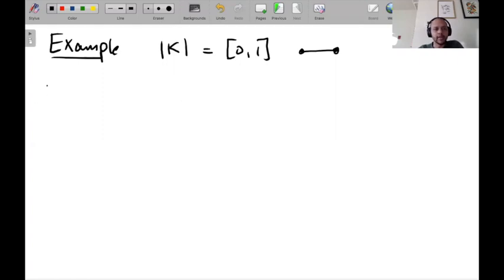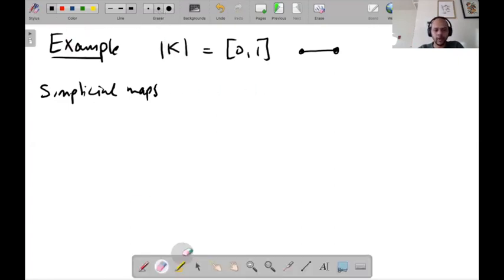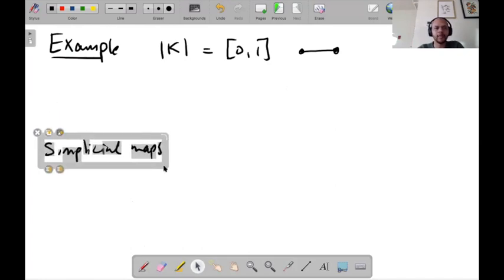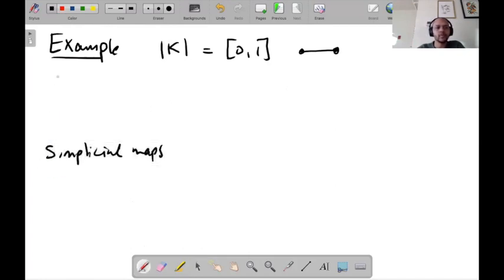So some simplicial maps, well, the identity works. The constant map, f of x, sorry, simplicial maps from K to itself. So consider maps from the interval to itself.